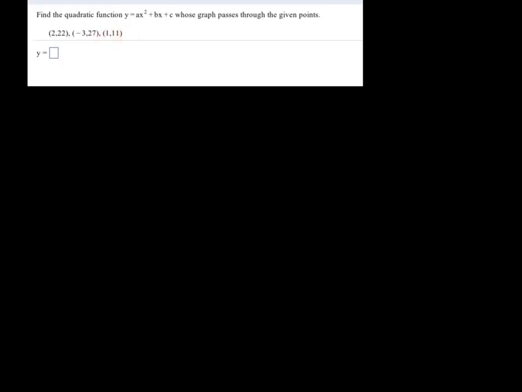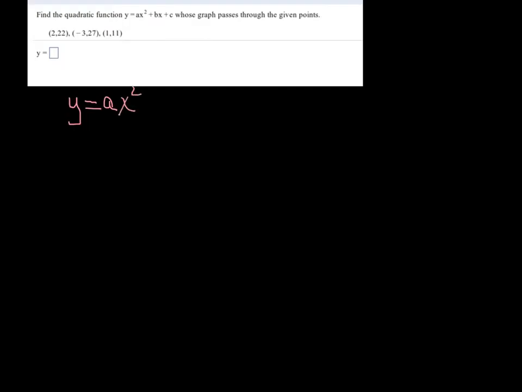Do you guys agree? So with that information that is given, let's look at the quadratic function equation that they've given us. They want us to find the function that is in this format.